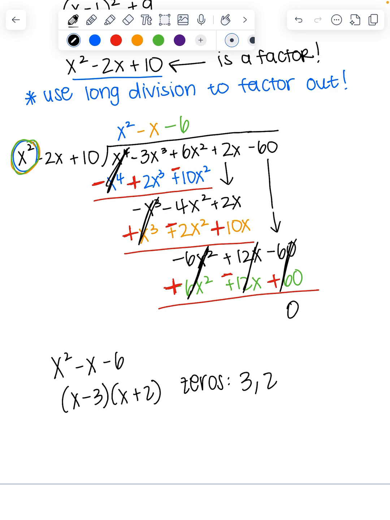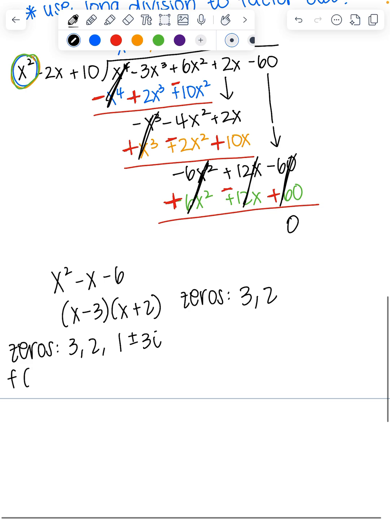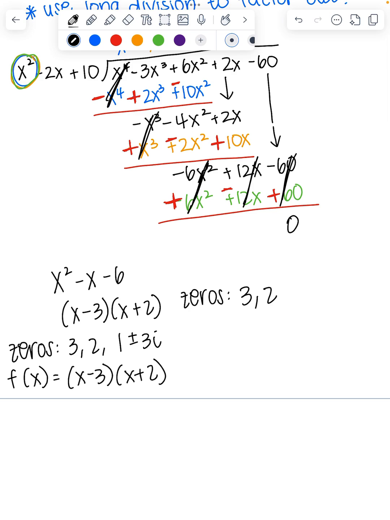Okay, so if I wrote out all of my zeros, I would have 3, 2, and then the original ones I had, which is 1 plus or minus 3i. If I wrote it out as factors, I have x minus 3, x plus 2. And then I don't necessarily want to write these separately because I've already figured out what it is, which is x squared minus 2x plus 10.